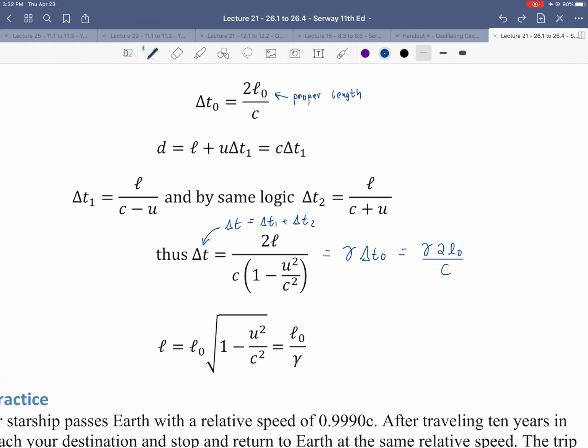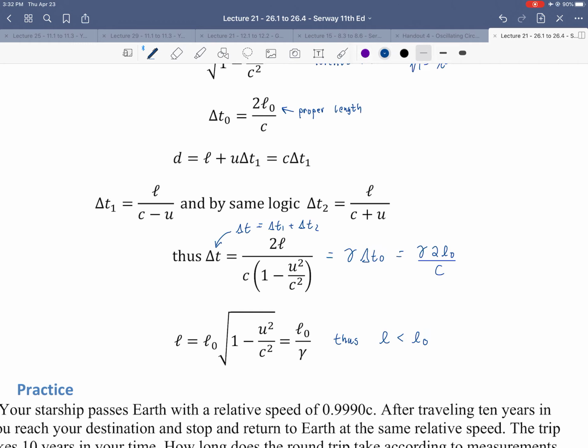So if I solve for L, which is right here, in terms of L naught, then I get this expression right here. So we see that the length measured by Stanley is the proper length measured by Mavis, where the ruler is at rest, divided by gamma. And since gamma is always greater than 1, that means the relativistic length will always be shorter than the proper length. Thus, L is always going to be less than L naught.